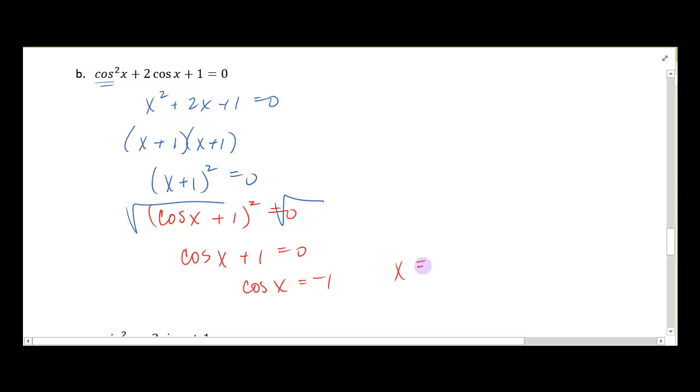When I take the cosine of them, give me back a negative 1. Cosine is negative in quadrants 2 and 3. So when I take the cosine of some angle and I get back negative 1, I can only be talking about pi. And that's the solution for this equation here.